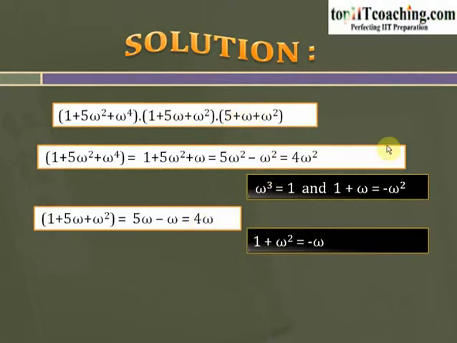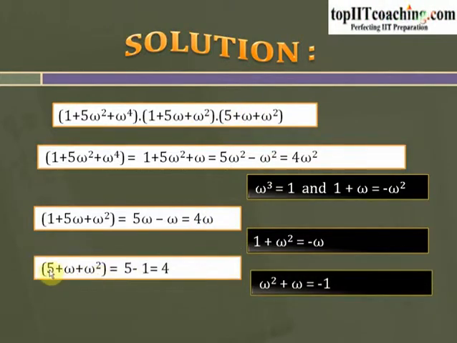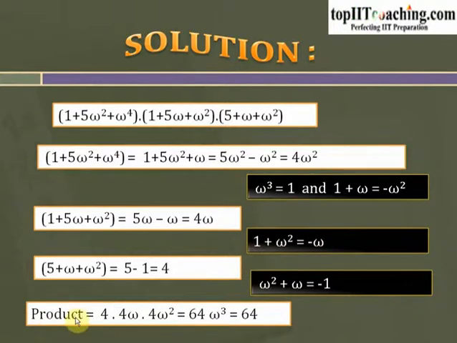Now let's see the last expression, which is 5 plus omega square. Now omega square plus omega is equal to minus 1, and we substitute over here to get 5 minus 1 equal to 4. Thus the value of this expression is 4 omega square, value of this expression is 4 omega, and the value of this expression is 4. Thus the product would be 4 into 4 omega into 4 omega square.